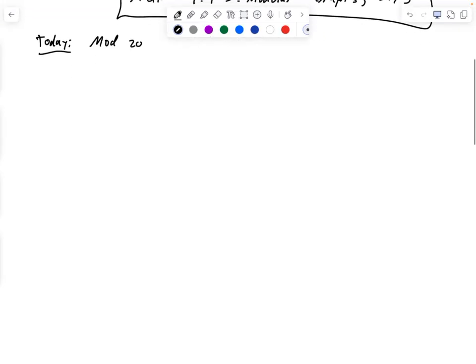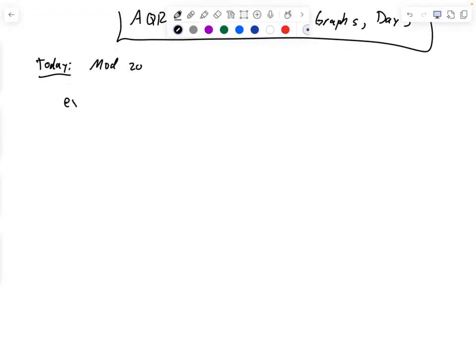I have to recode everything, but I'll do that work. So which is mod 20? We're going to do an example: y equals 6x mod 20. That's our first one.